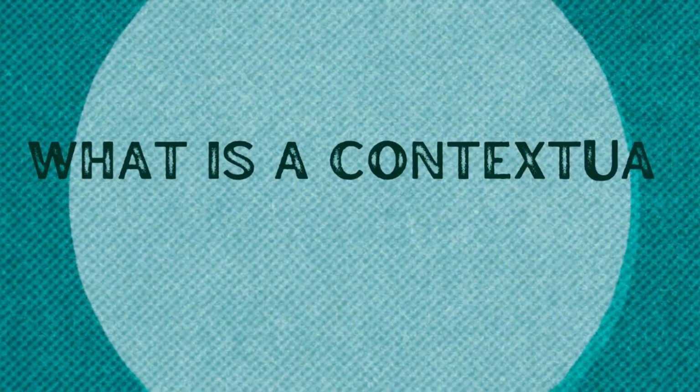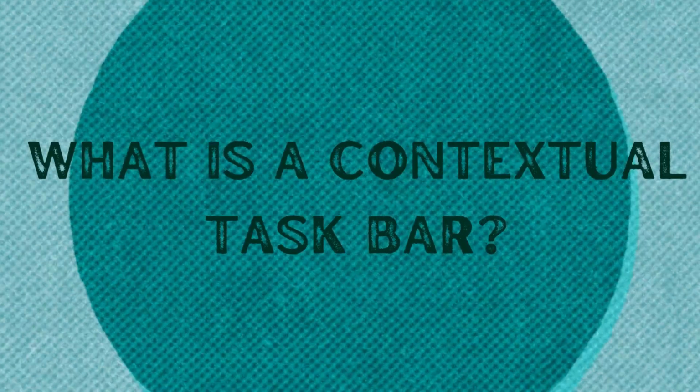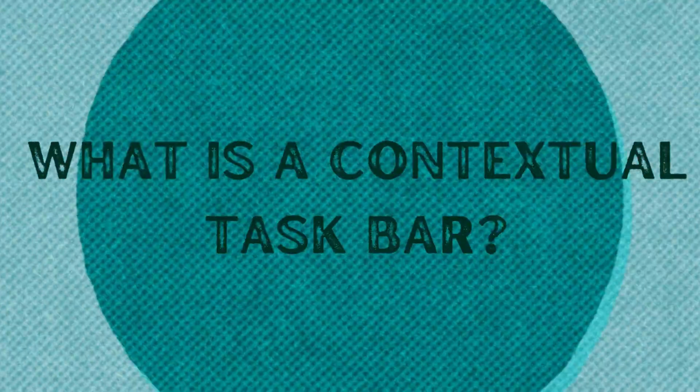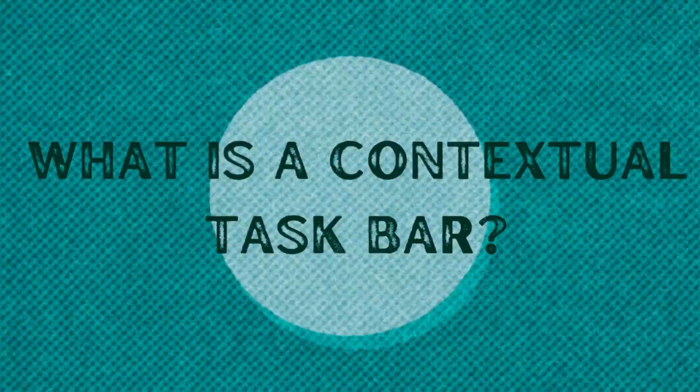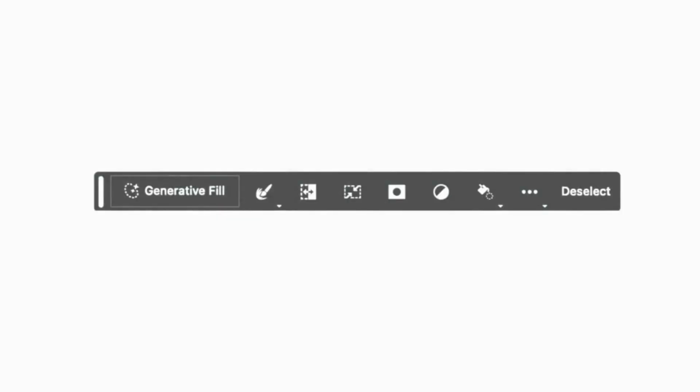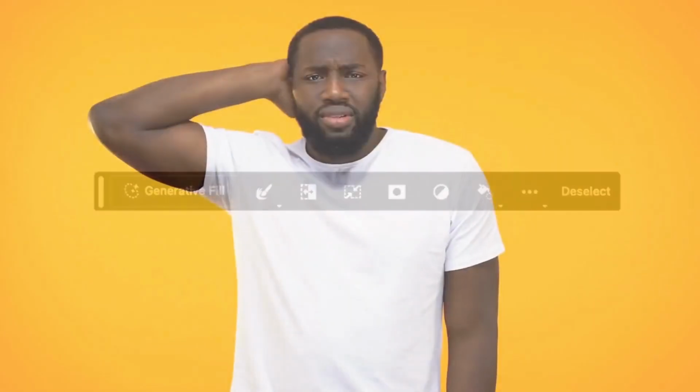Number 6, what is a contextual taskbar? So if you have already started editing or have used Photoshop Beta already, you most likely have noticed a menu or taskbar that pops up every time you're trying to use generative fill. But maybe you're unsure what that thing is or how to use it.